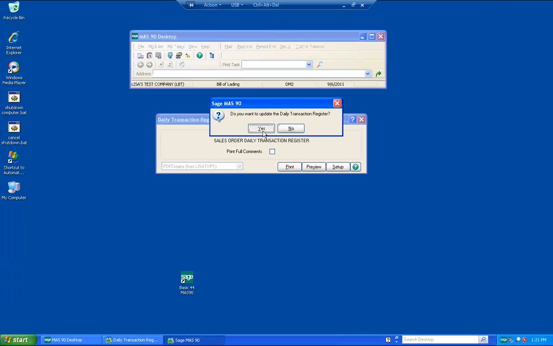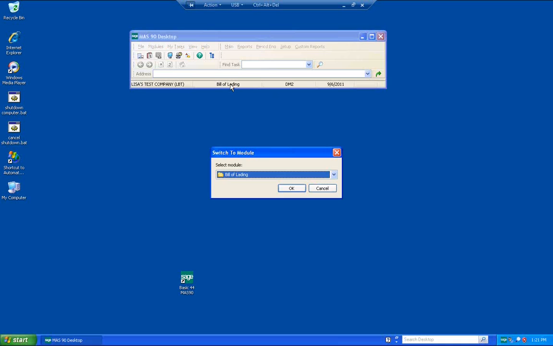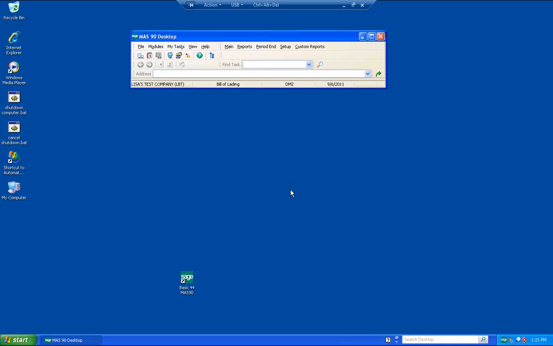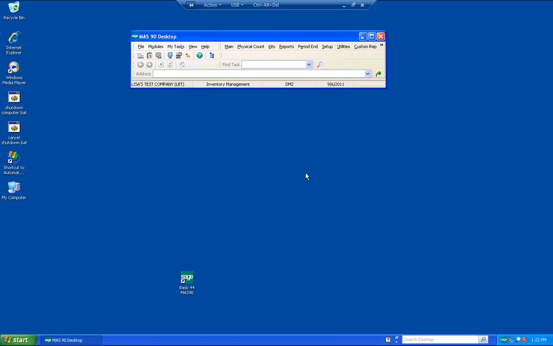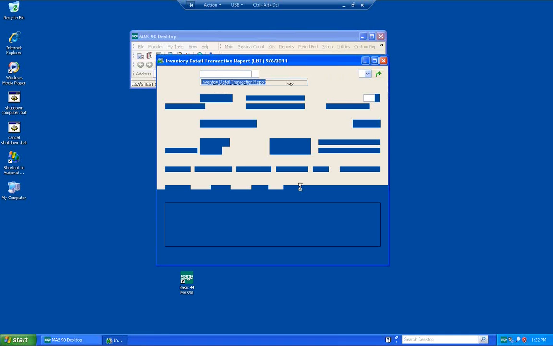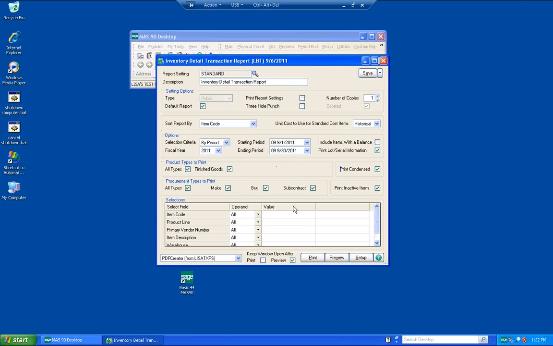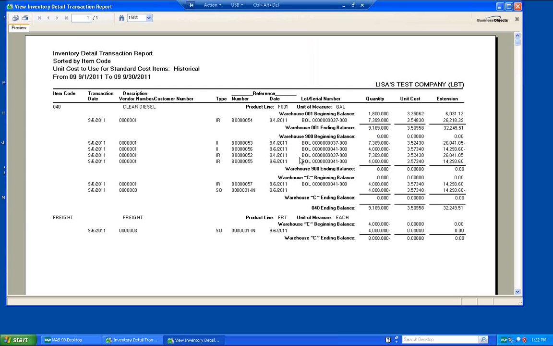Now we'll go ahead and update this. A quick look in inventory again at what it looks like with the detailed transactions. So here's my truck warehouse 900 again. You can tell who's what here because of the reference numbers.